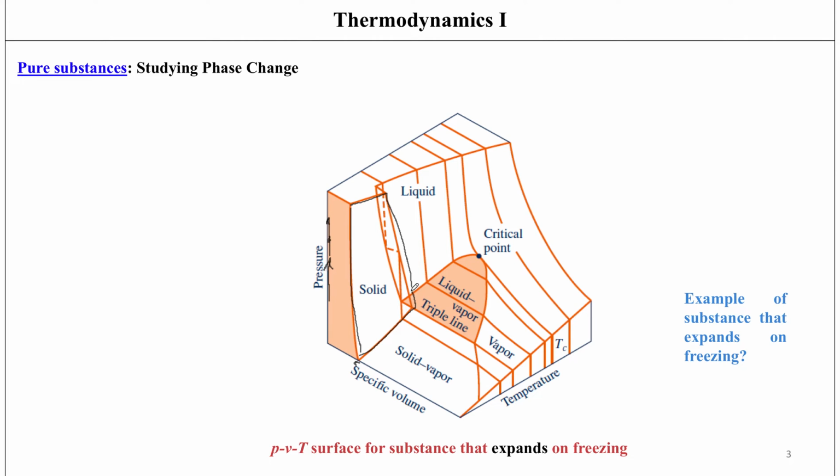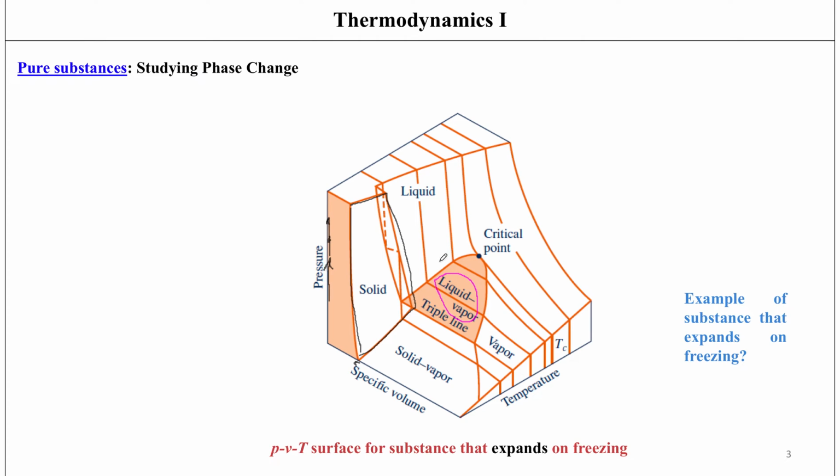So now let's look at this PVT surface and identify where the two phases exist together. One of those is this liquid vapor region, right? This is an area on this graph where two phases, the liquid and the vapor, exist in equilibrium together.